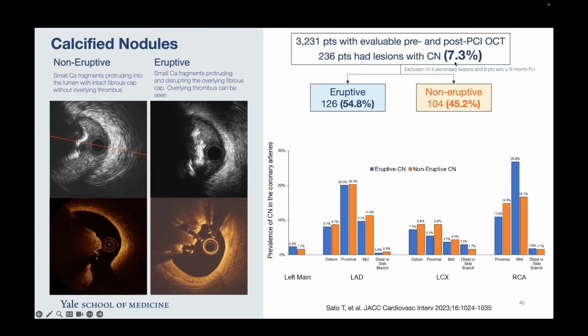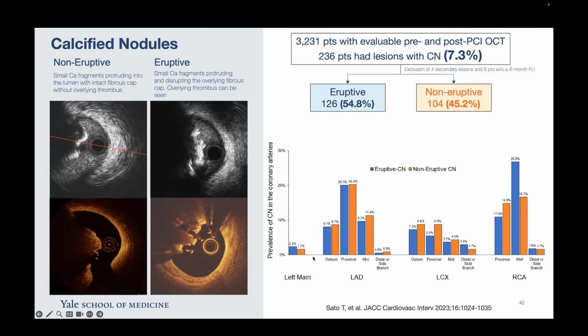So the prevalence is 7.3%, which is kind of in line with what has been described many decades ago, which is 6 to 8% in prevalence. They excluded some cases that didn't have follow-up, and they found that the percentage of eruptive and non-eruptive cases are pretty much similar. So almost 50% for each.